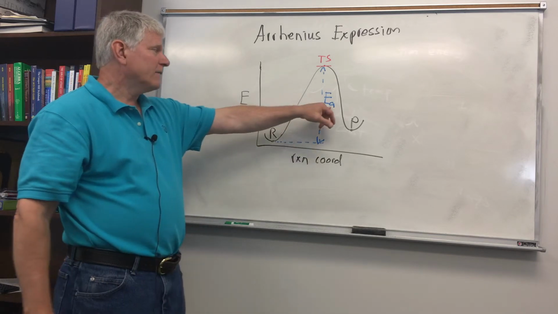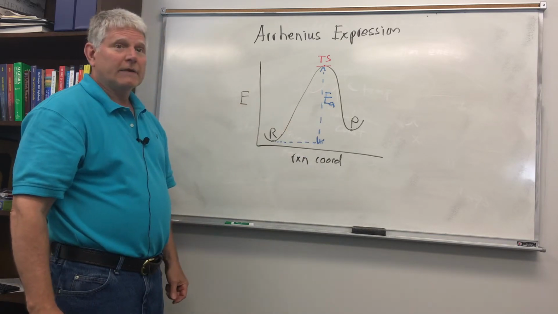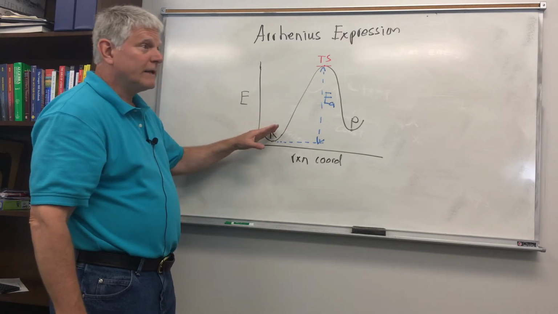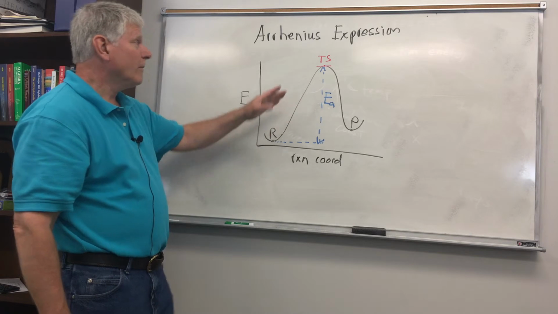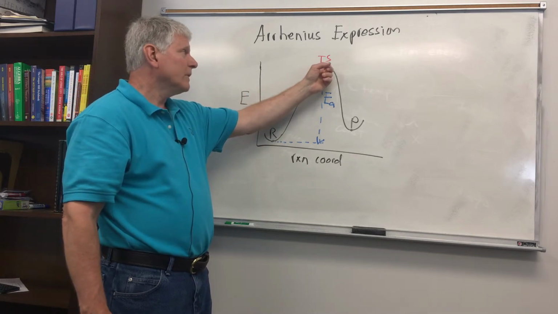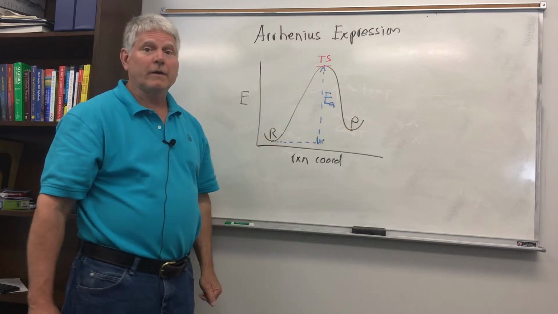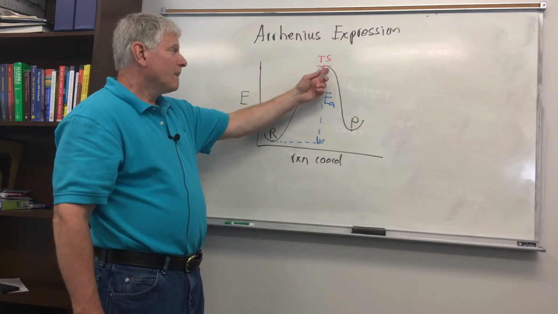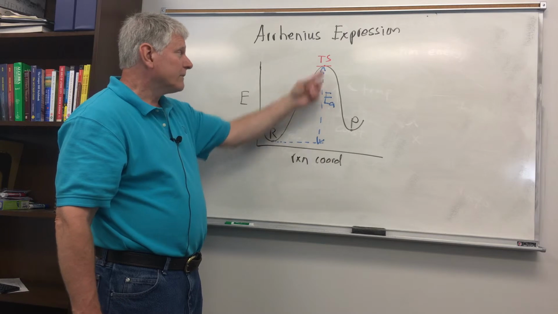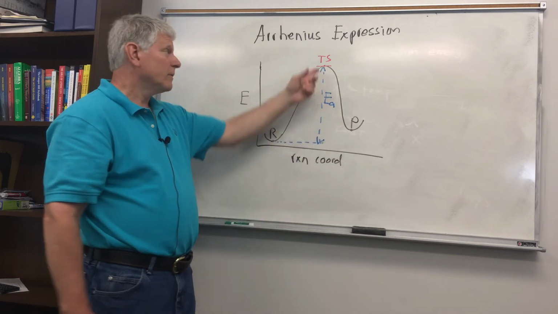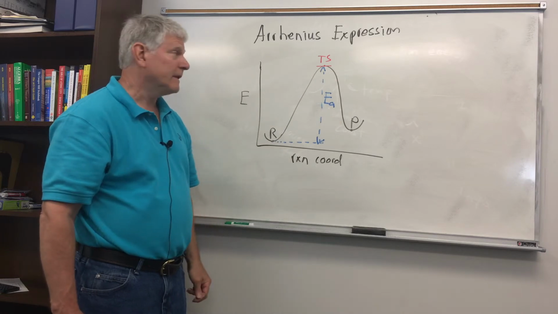So this is the activation energy for the reaction. In order to start breaking bonds, we need to input energy into the molecule. Once we hit the transition state, then it's downhill to products. Along the reaction coordinate, the molecule will spontaneously rearrange to give products once we pass through the transition state.